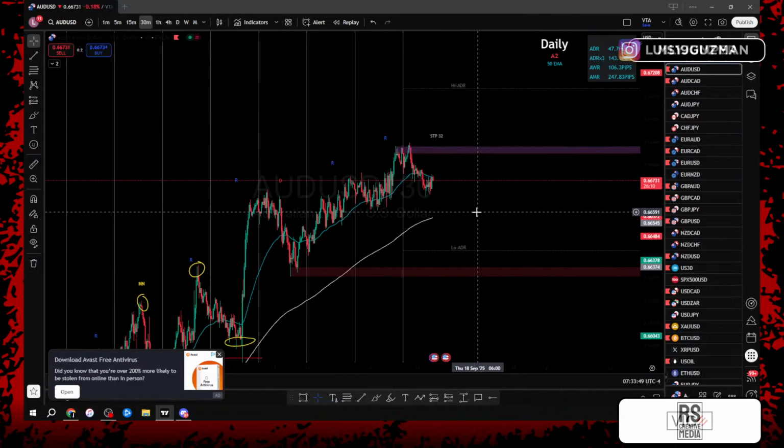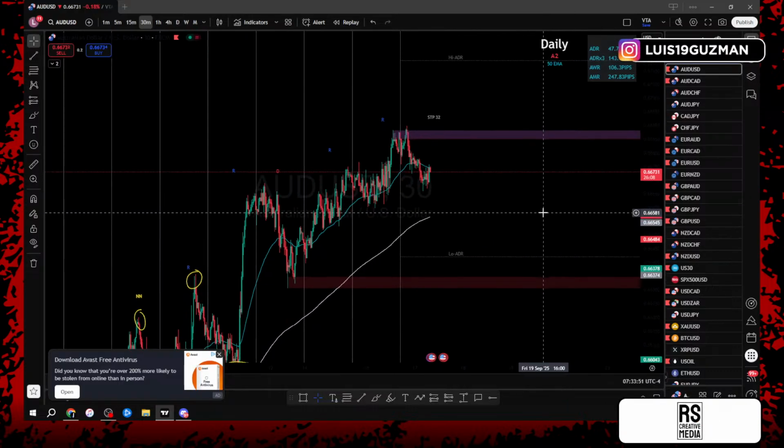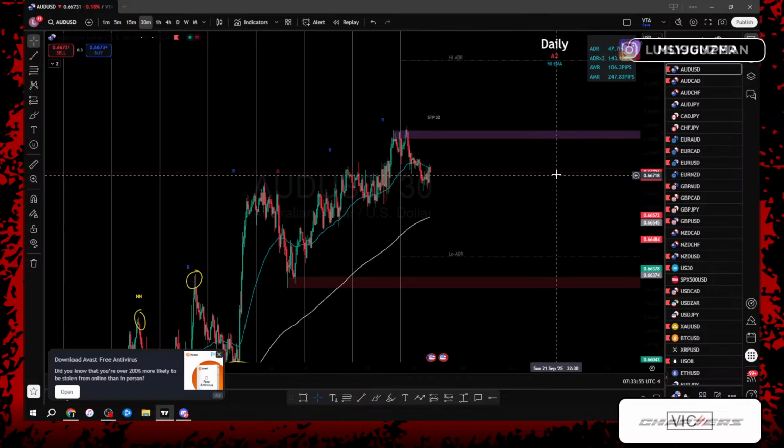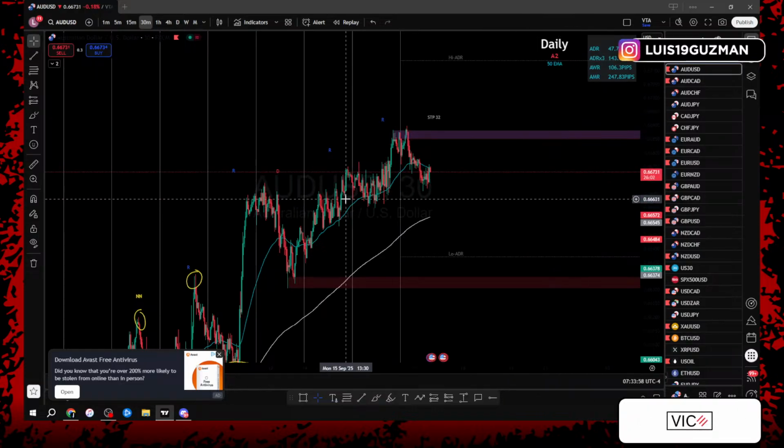Now the second thing is, how would I approach going into these trades? It's really nothing different. First thing is calculating the STP with the ADR. That's the number one thing, seeing which pairs have already made their move for the day and which ones are left. So starting off with AU, 47 pips is ADR.